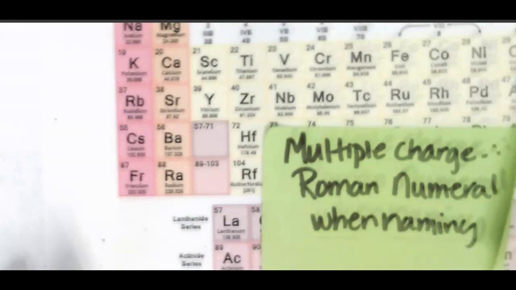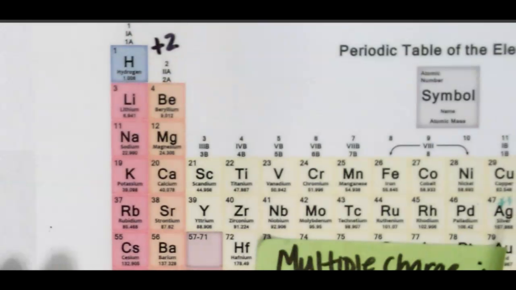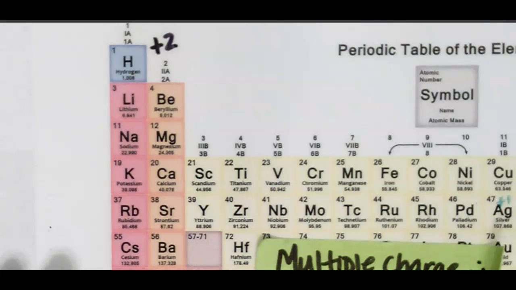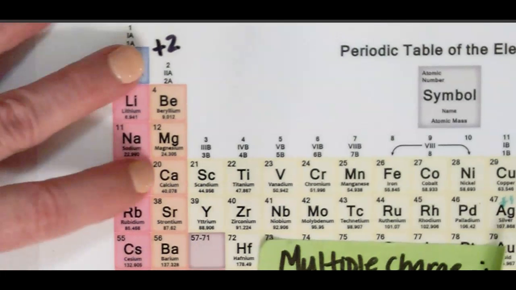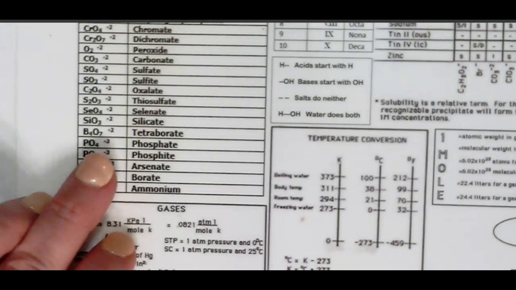Okay. Calcium is a 2+. And phosphate. It's right here, and it is a 3-.